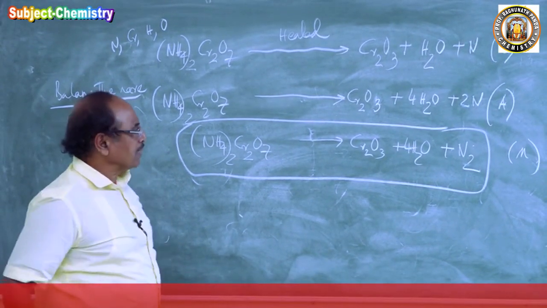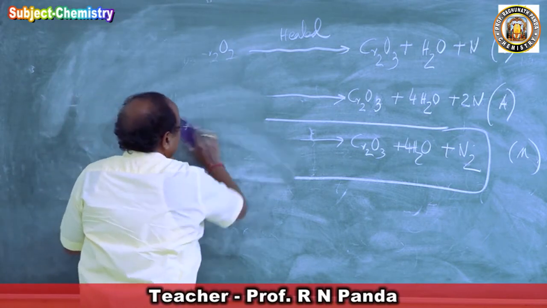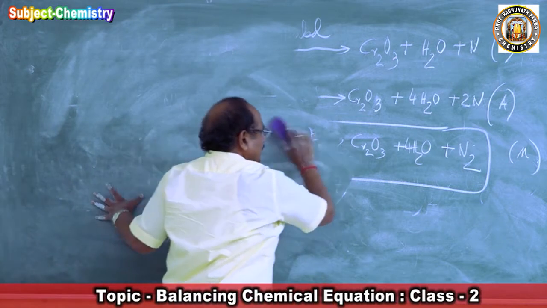Different methods of balancing are needed because there are different types of chemical reactions.